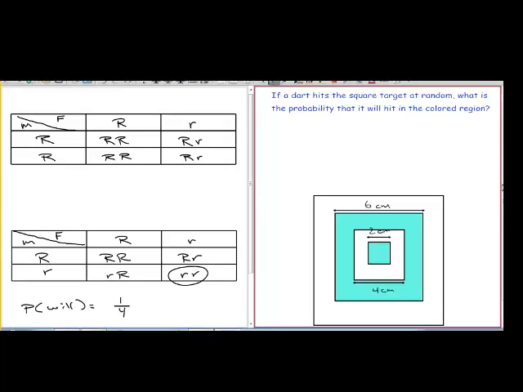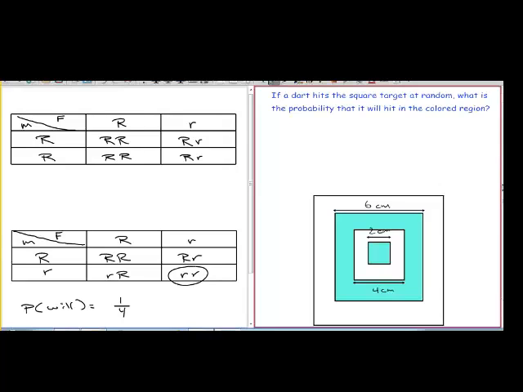There's no aim here. It just randomly gets placed within the target. The blue colored region. So what is the sample space? The sample space is the target. We're at least going to hit the target.